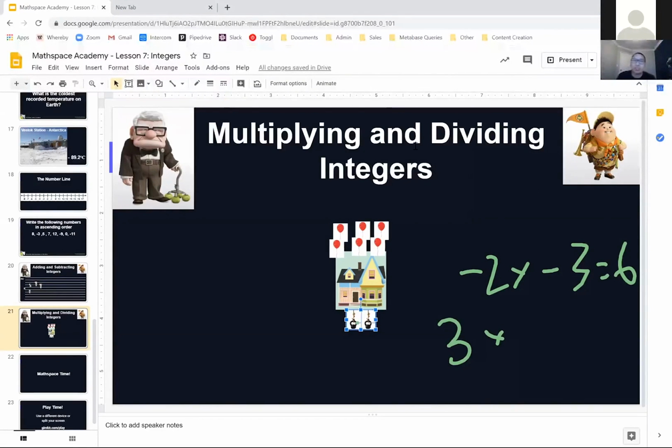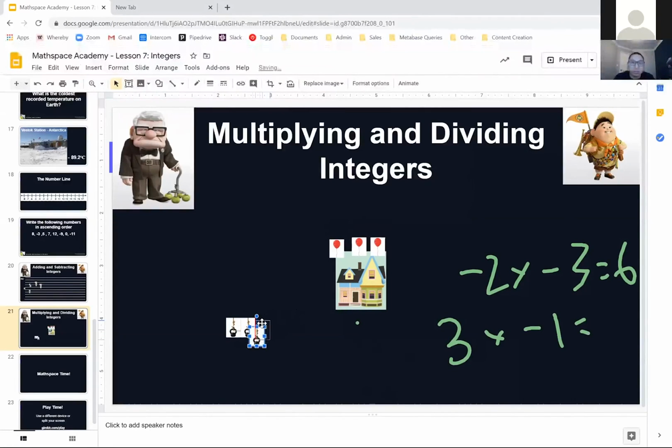So if I want to do 3 times negative 1, I can have my 3 balloons. So here's 3 balloons. And what it means is I want to have one lot of them, but in the opposite direction.